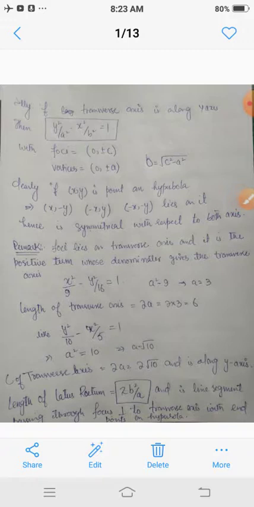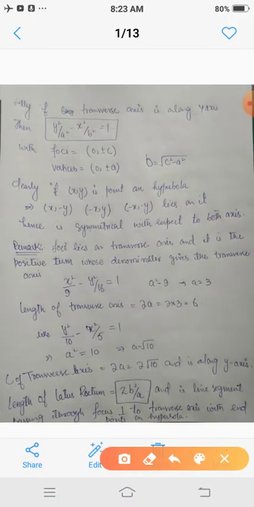Now similarly, if we consider the hyperbola whose transverse line lies on the y-axis, then its equation is of the form y square upon a square minus x square upon b square equals 1. Here the foci lie on the transverse axis, which implies that they lie on the y-axis.